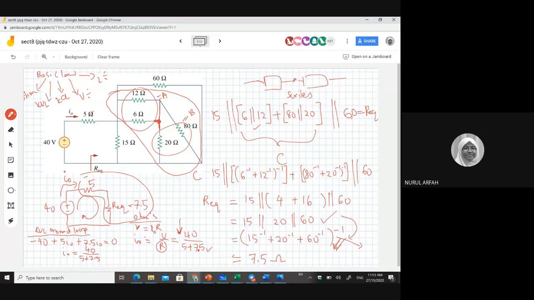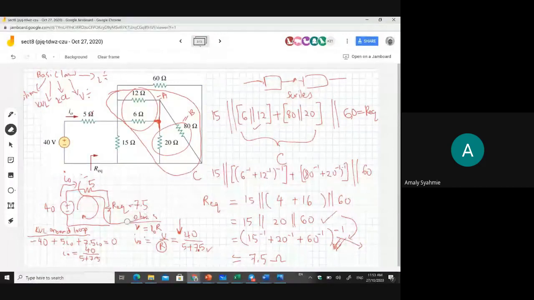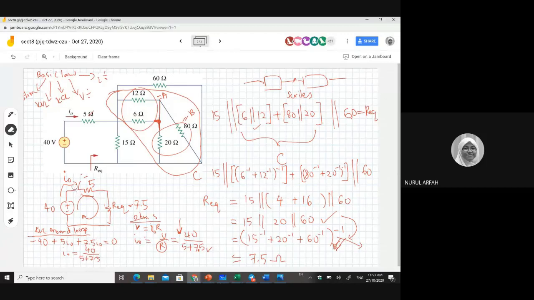Any guess? The voltage, the positive one. The positive coming from where? The plus sign, so positive. What law is that? Passive sign.